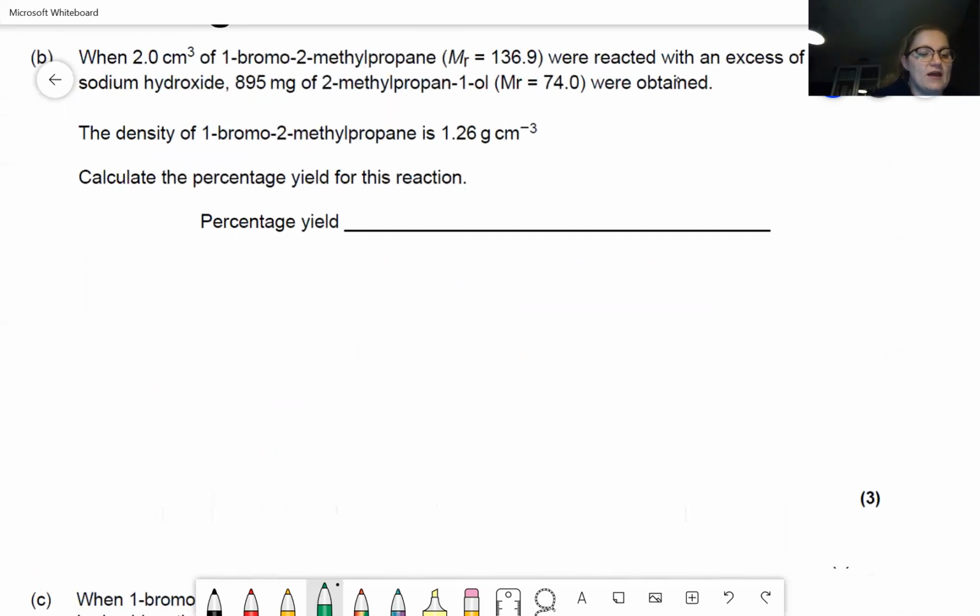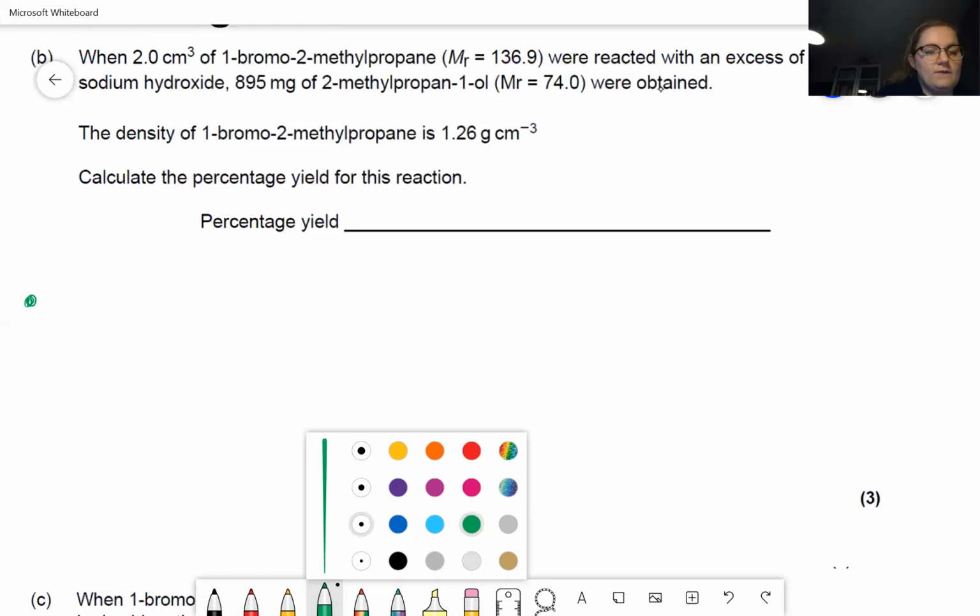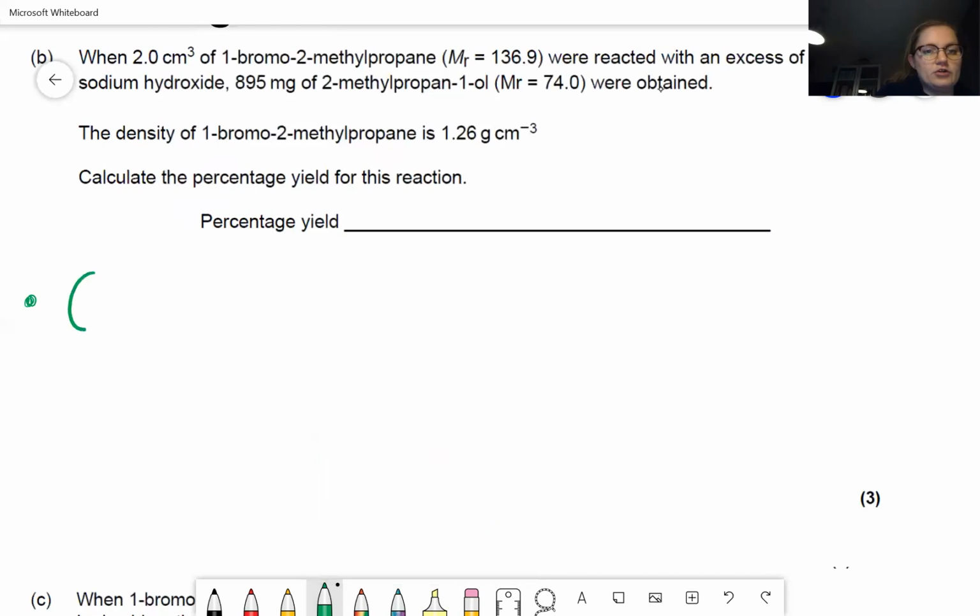So basically, we need to work out our moles of 1-bromo 2-methyl propane. We've got 2 cubic centimeters of it, so this is our first thing that we're going to do.